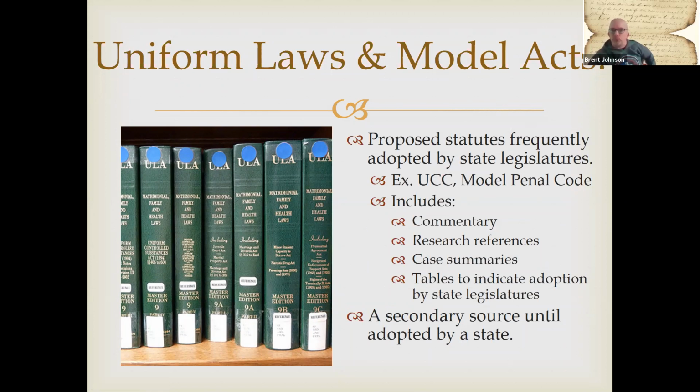There's a uniform law on child custody as well. So if your state has adopted that uniform law and passed it into law, it's no longer a uniform law, it becomes part of the statutes. So at that point, it's no longer a secondary source, it's a primary source and it's part of the statutes of your state.